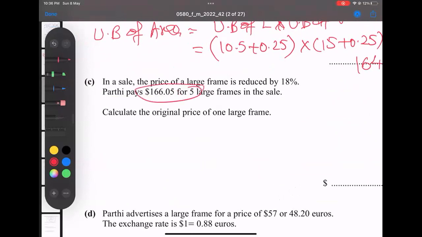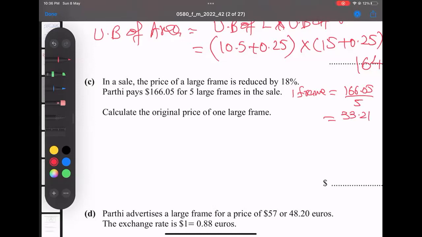If I need one frame, I will simply do 166.05 divided by 5, because I need it for 1 frame. Let me check. This answer is coming 33.21.